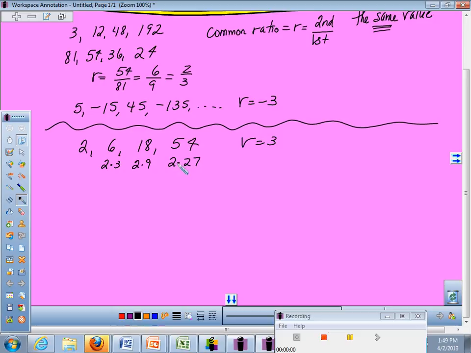What do 3, 9, 27 have in common? They're powers of 3, aren't they? Yeah, that's 3 to the first. 9 is 3 to the second. 27 is 3 to the third. So if we translate that pattern into a formula, we've got our formula.